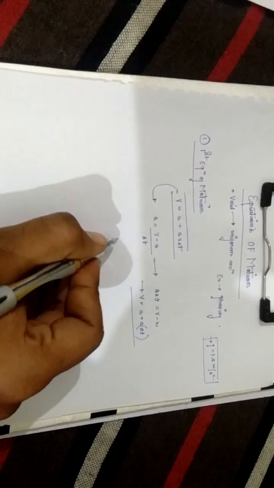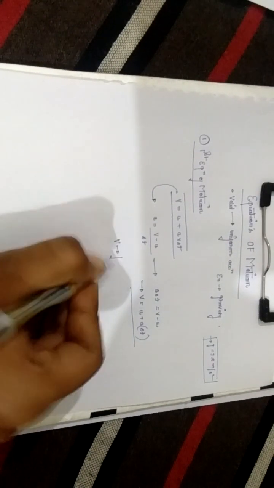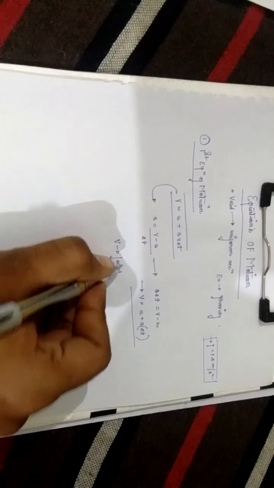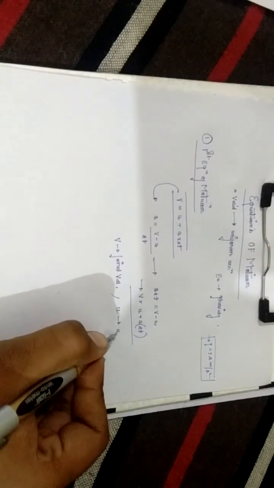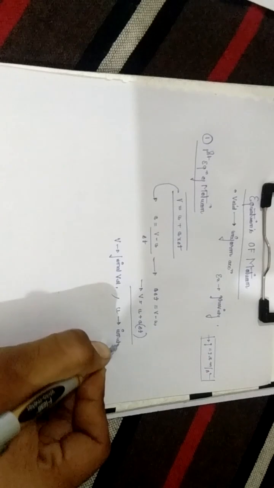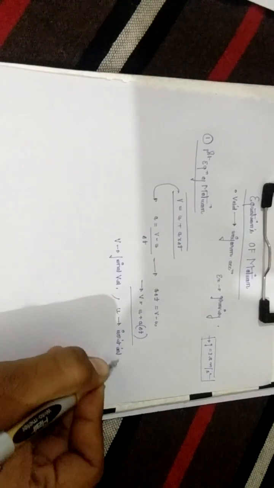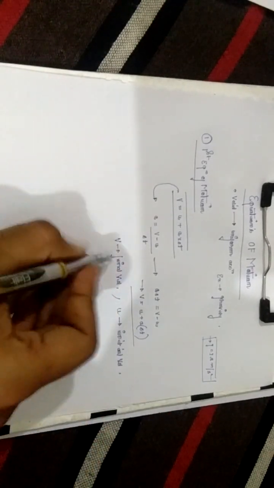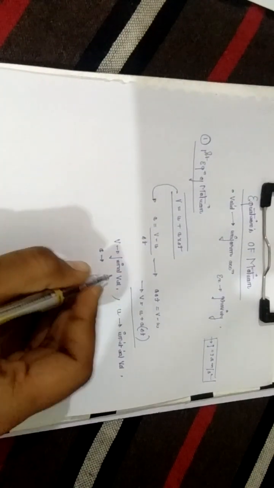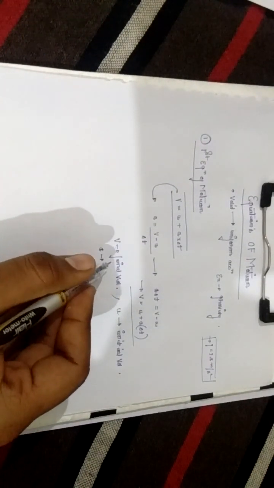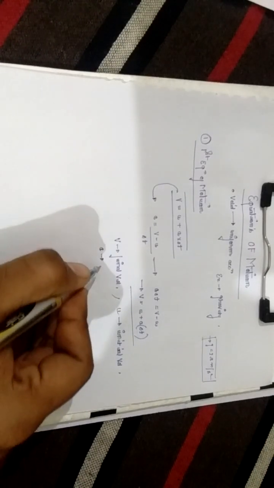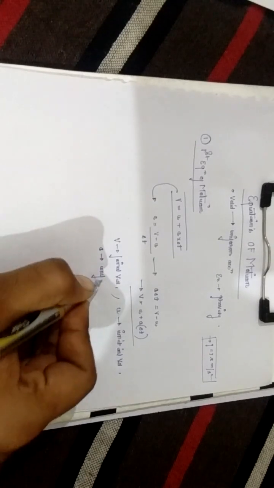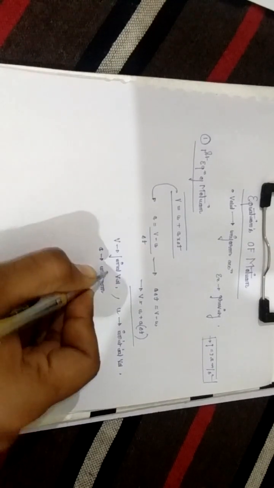So let me write the values. v is the final velocity, u represents the initial velocity, a represents uniform acceleration. Always consider that the equations of motion are only valid for uniform acceleration.